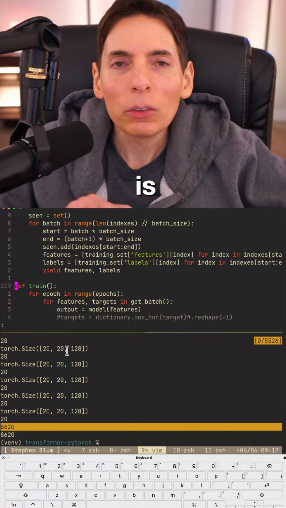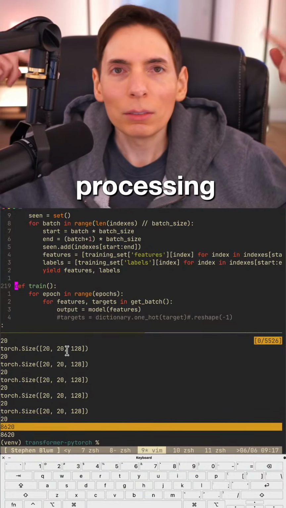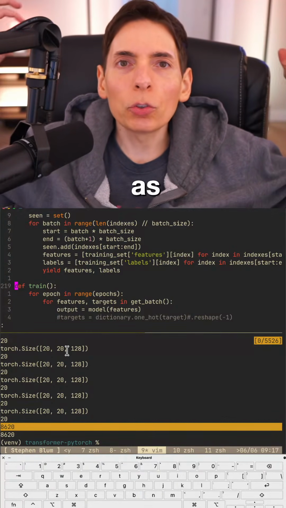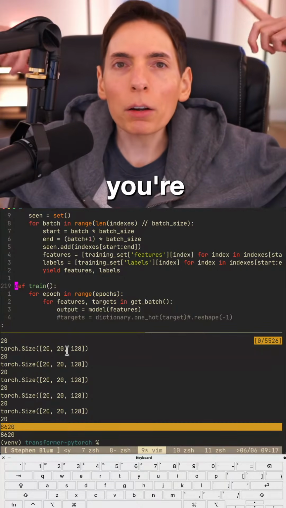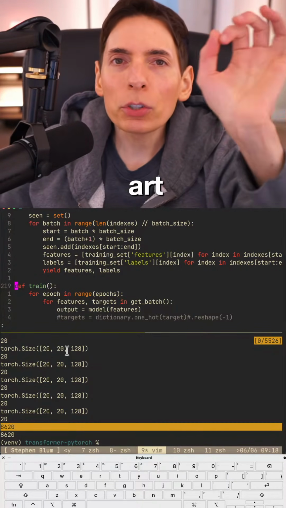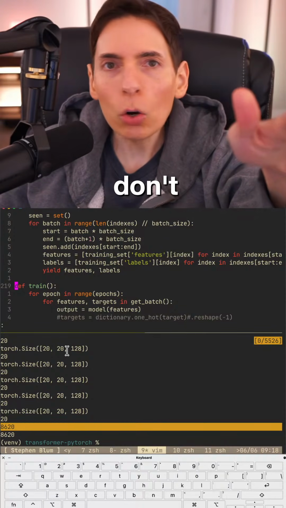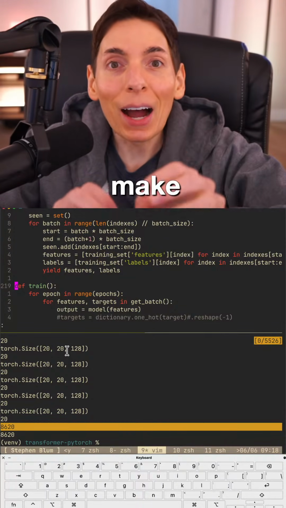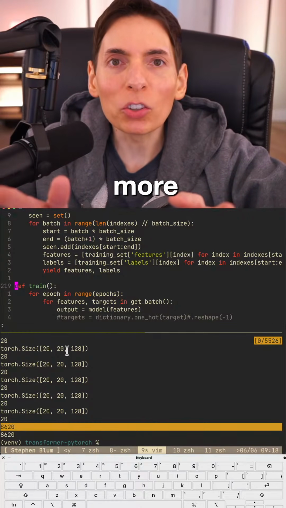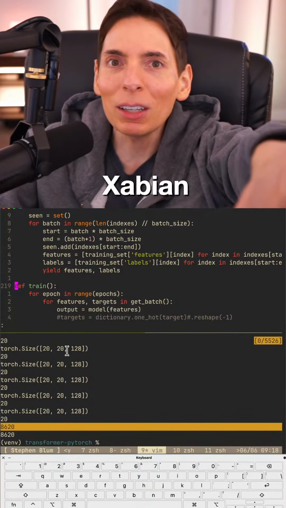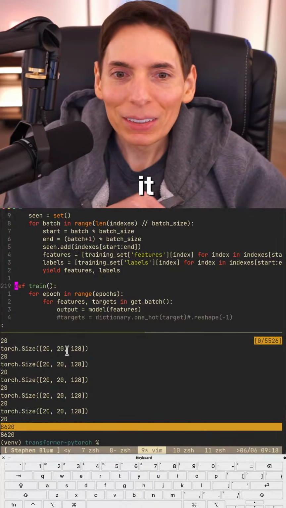The thing is, with humans, our brains, every read is a write. As you're moving along throughout your day, you're modifying the neurons in your brain. Things are changing. With the current AI models, they don't change. Zabian's describing a way that you can make AI more general purpose, more like an AGI, artificial general intelligence. Make it like a human. You got it.